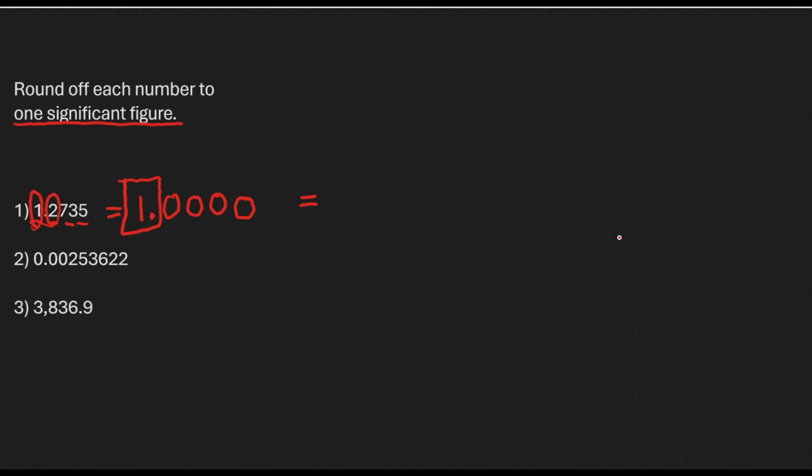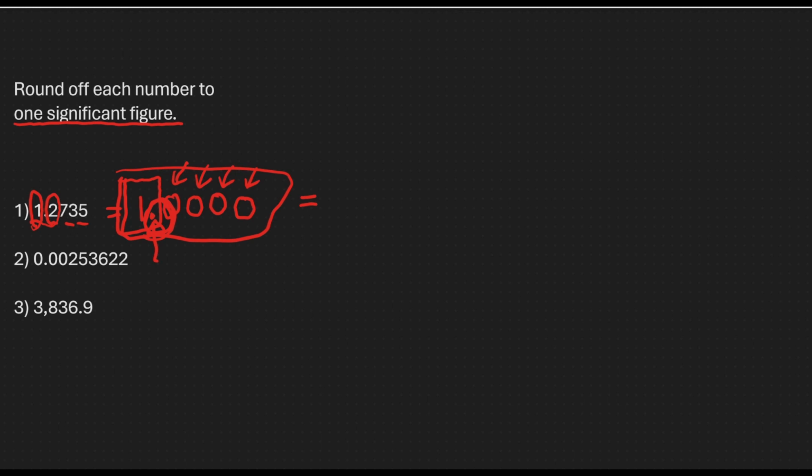our final answer cannot be this whole thing because technically all these zeros are significant because they fall under the rule that states zeros are never significant except when a decimal is present.